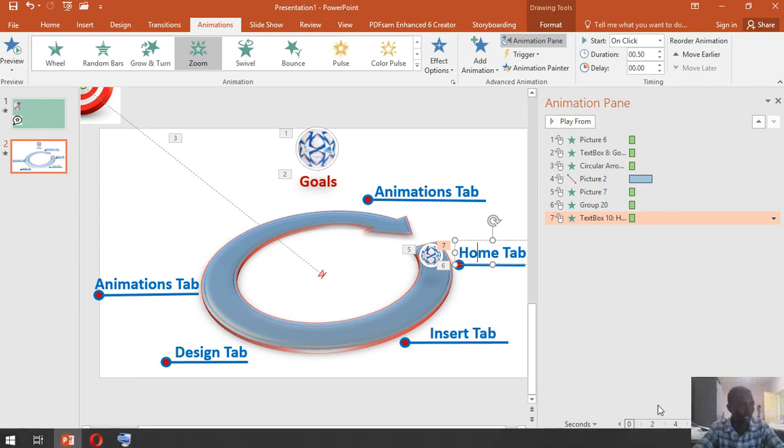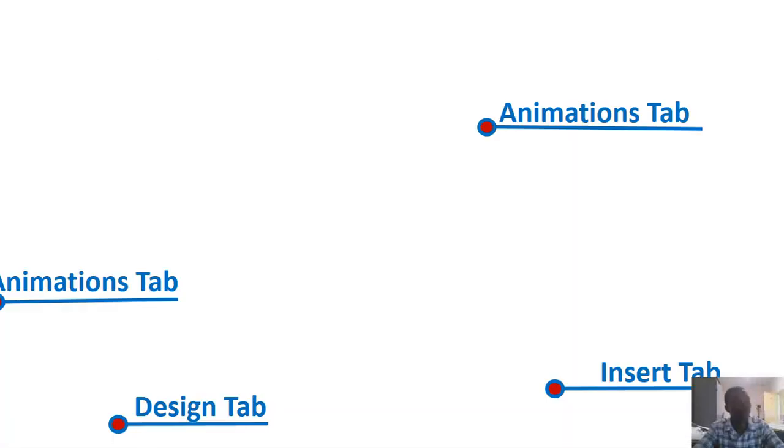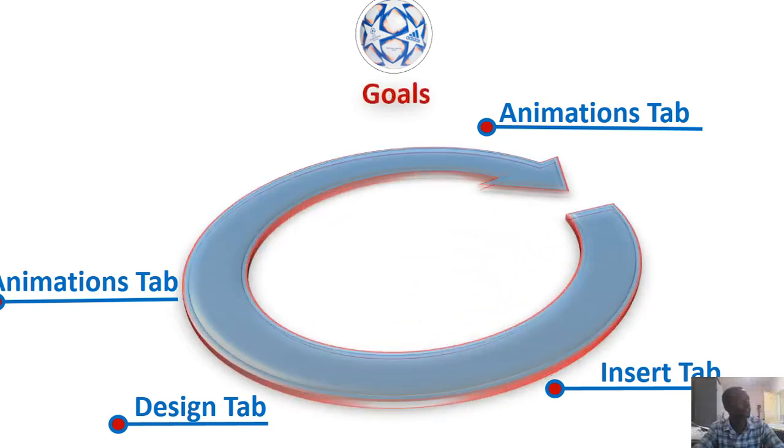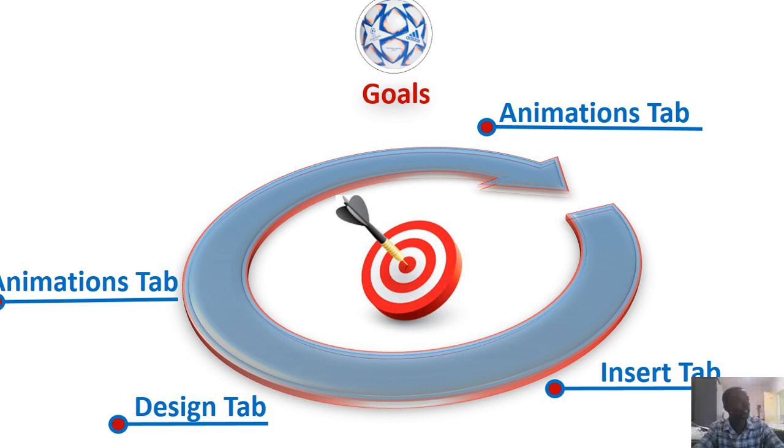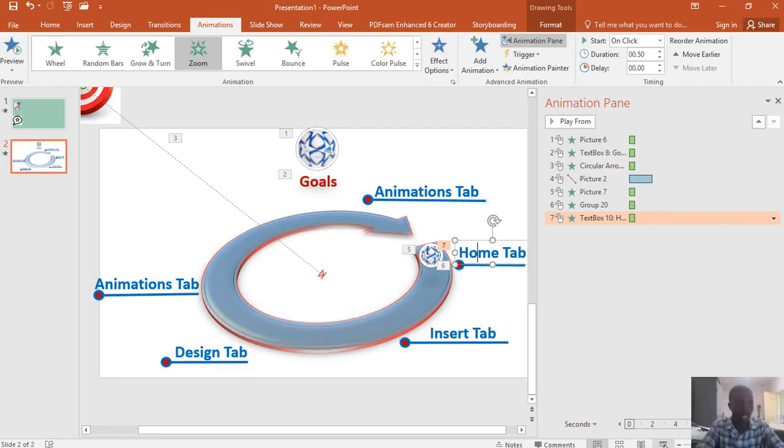Let's try to run it from here. Ball comes in, goals, and here are the goals, the targets, objectives, and then we get our ball, and then our text. Then the ball is now supposed to rotate.